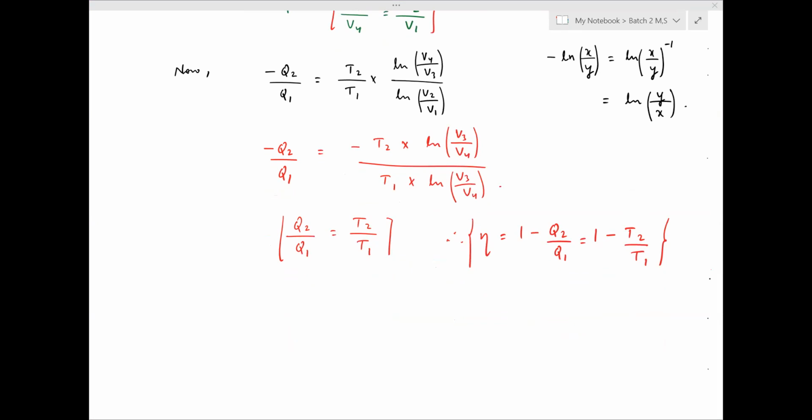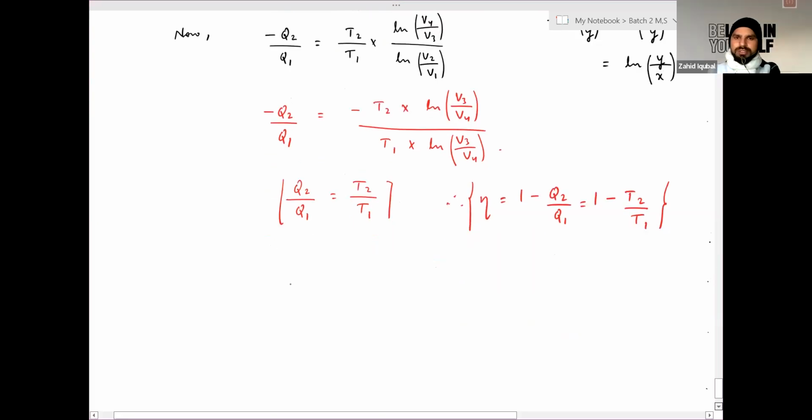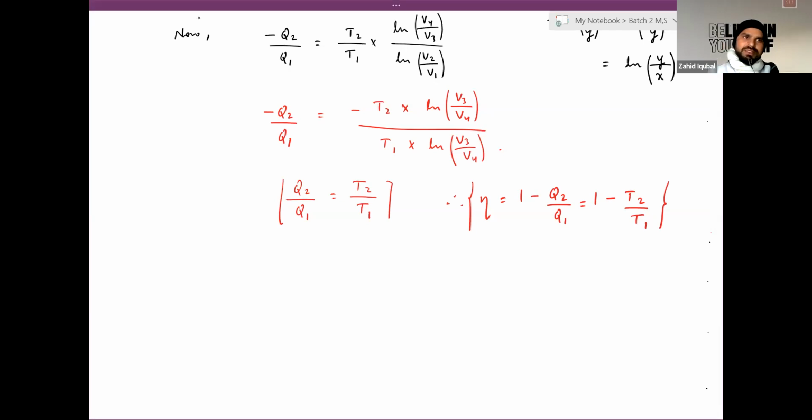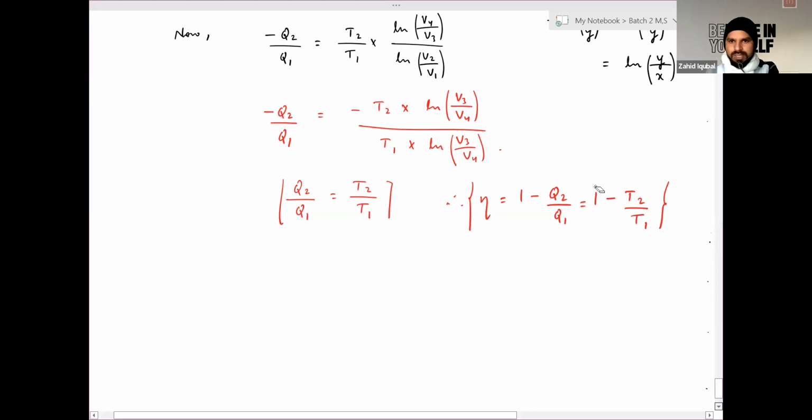Done, sir. Okay. Now, according to this relation, you will be asked, is it possible to design a heat engine having efficiency 1 or 100%? So you'll say for that, if efficiency has to become 1, then T2 will have to become 0, or simply 0 Kelvin.